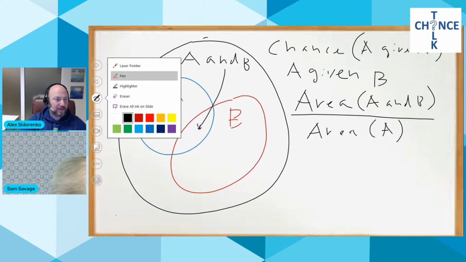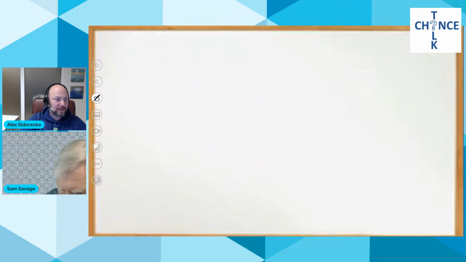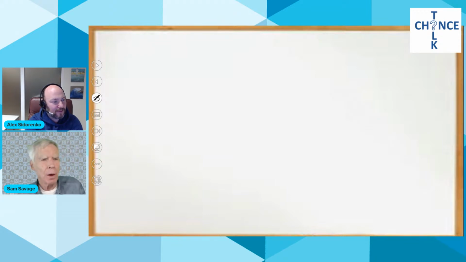So let's see, I'll erase all the ink. And now I'm going to start out by showing you the entire population of people who could have it. This is the population of the world, right?